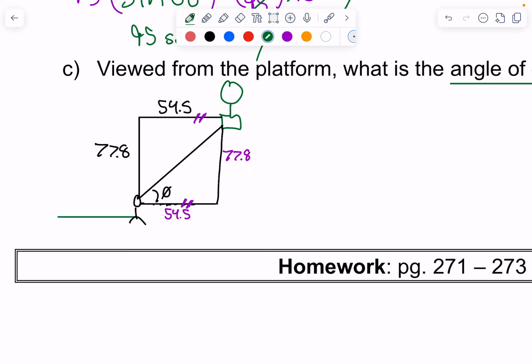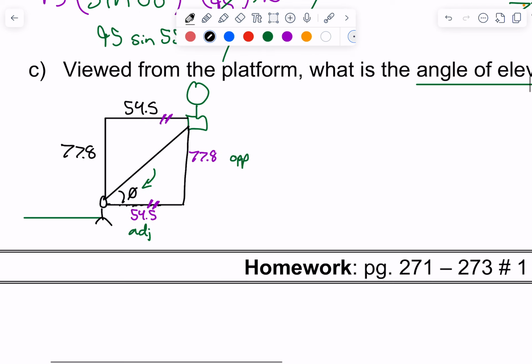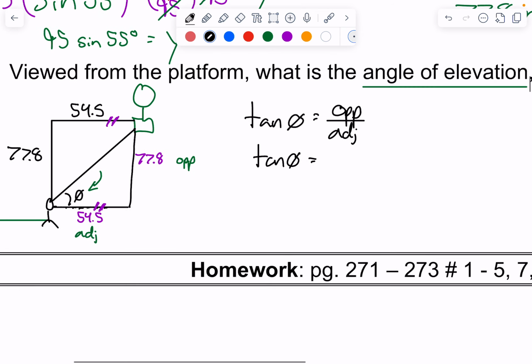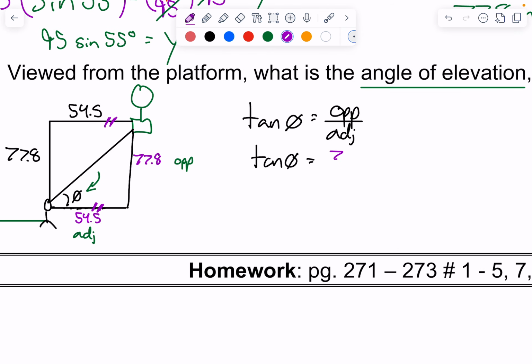So if I'm looking for this theta right here, and relative to this theta, this is the opposite and this is the adjacent, well, we can use the tan ratio. So tan of that theta is the opposite over the adjacent. So tan of this theta is equal to opposite 77.8 over 54.5.